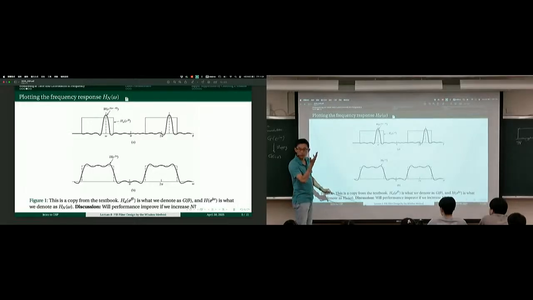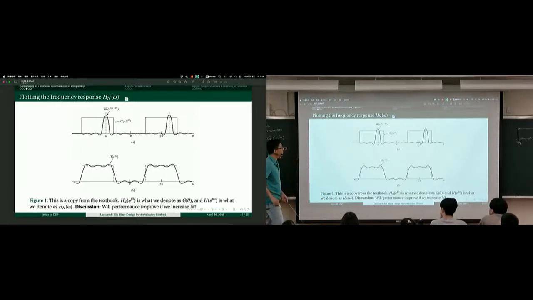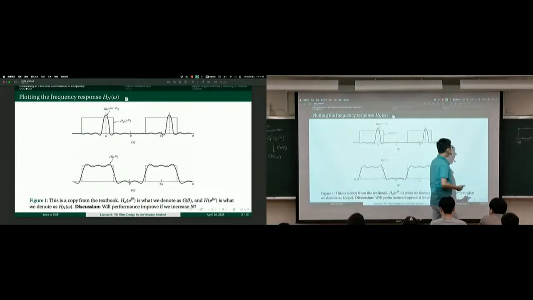Actually, we flip and shift. Far so good? And the next plot is the result of convolution.